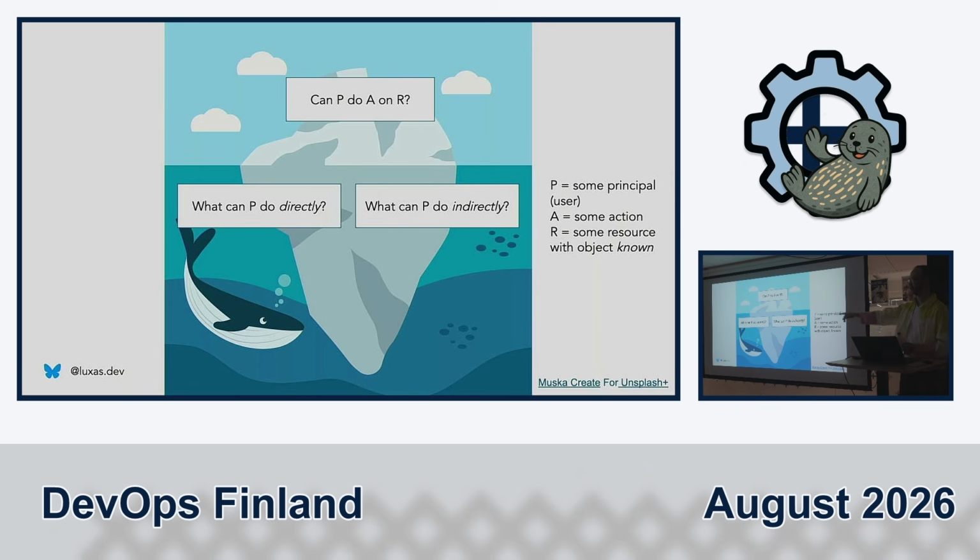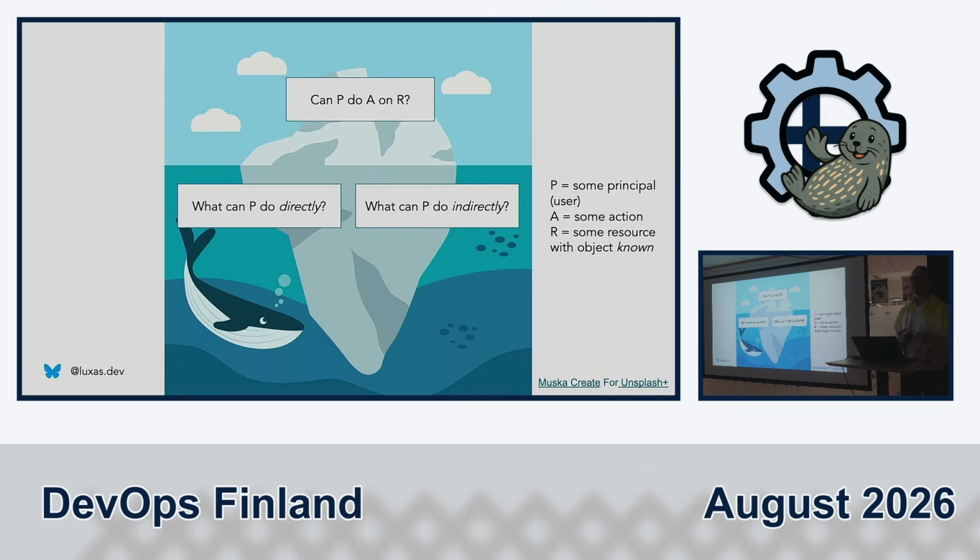So these two together: not just what are my immediate permissions, but what are my derived permissions, because of what I can do. An example from Kubernetes, and this is a feature, but a security-wise interesting one: if you create a workload in Kubernetes, you can refer to secrets. You can say, create this workload and mount this secret into it. And when you create the workload, the pod or deployment or whatever, it never checks if you have access to that secret you're referring to.